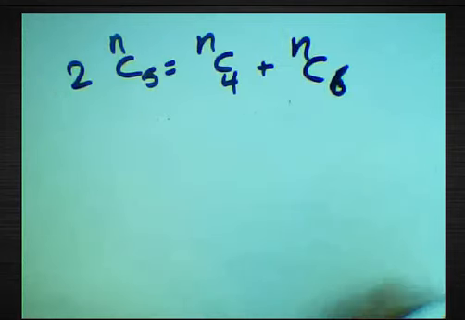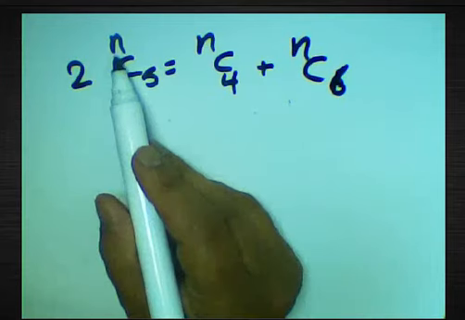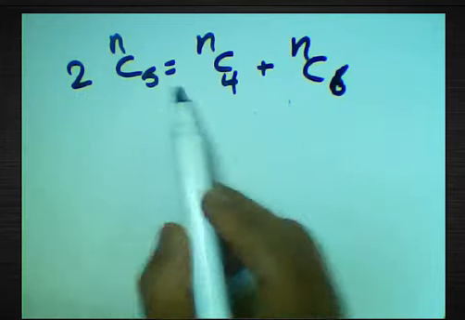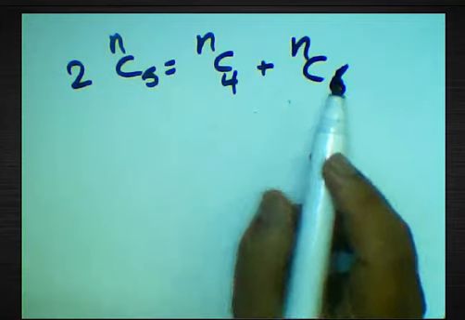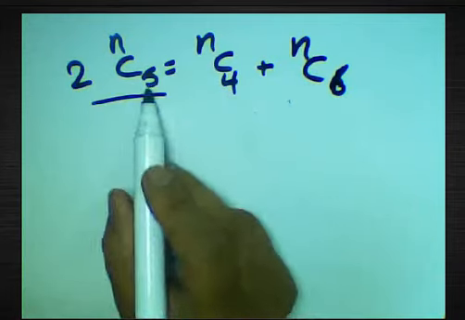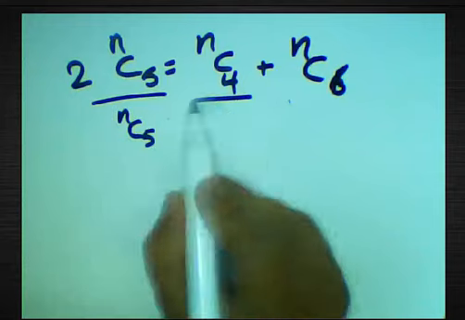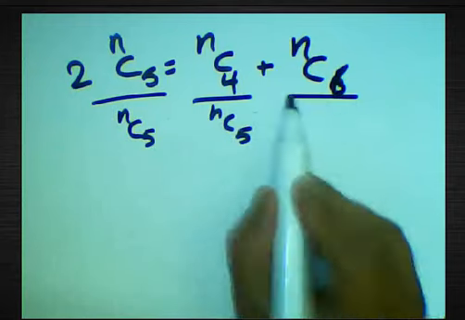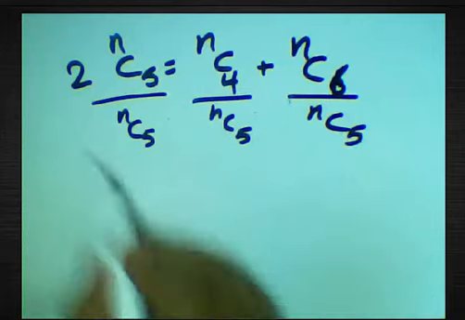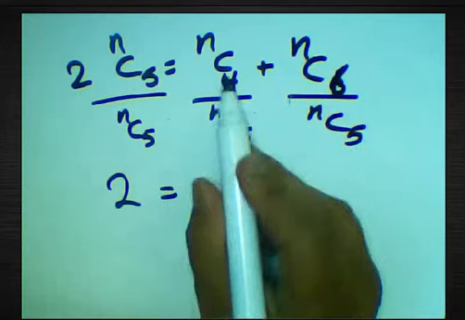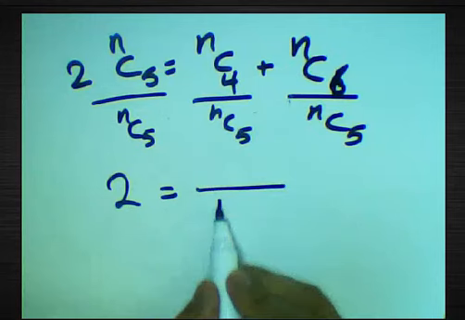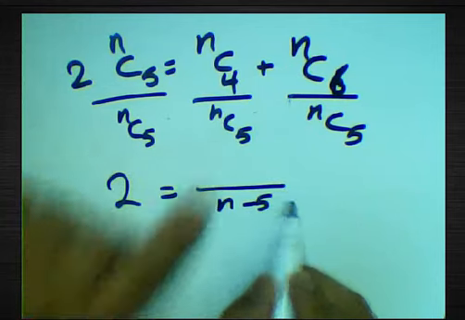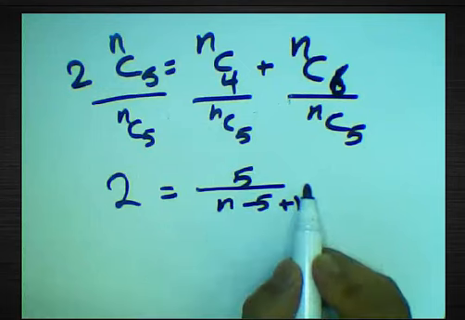Find the unknown here if 2 times n combination 5 equals n combination 4 plus n combination 6. We can divide it all by n combination 5. The result will be n combination 4 over n combination 5, with the greatest down here: n subtract greatest plus 1 over the greatest.